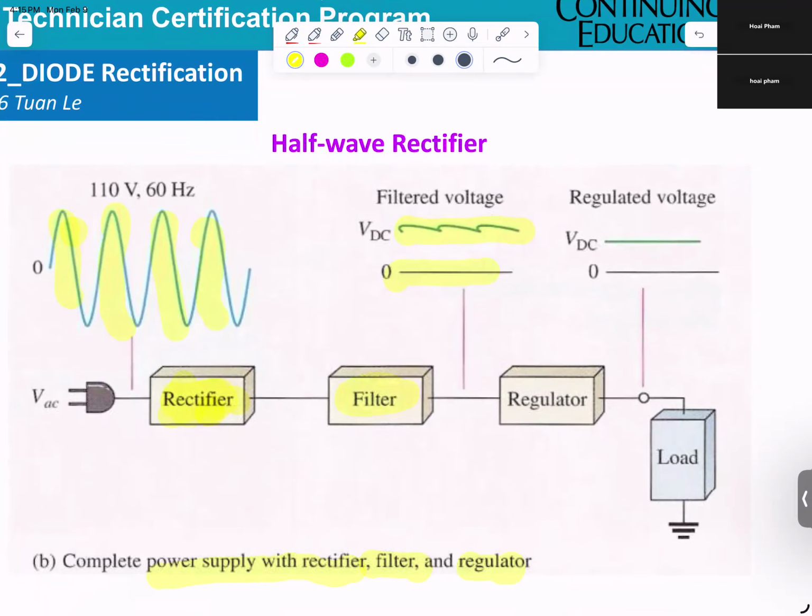This is a filter, and you don't see the full wave here. You can see they get a ripple here. Go to the regulator, they give you DC voltage. Basically you need the circuitry if you want DC voltage.